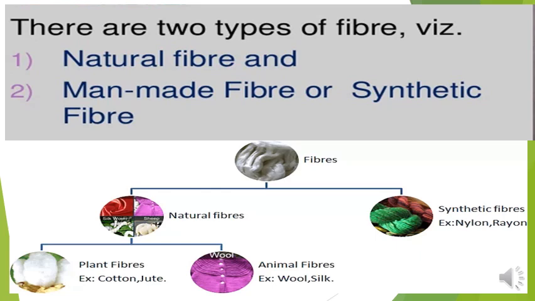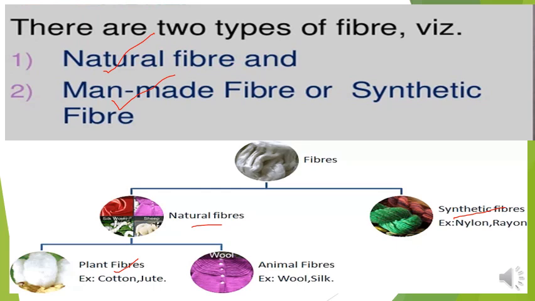There are two types of fibers. One is natural fiber and another one is man-made or synthetic, also called artificial fiber. Natural and synthetic fiber. Again, natural fiber is classified into two types based on the origin.